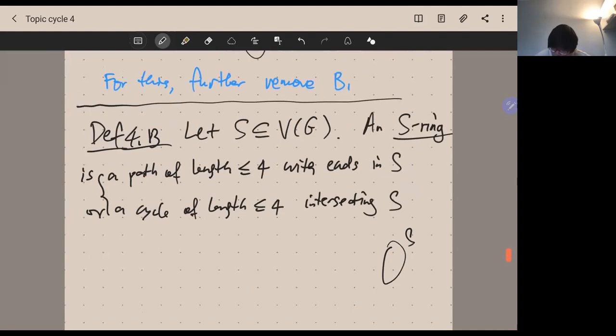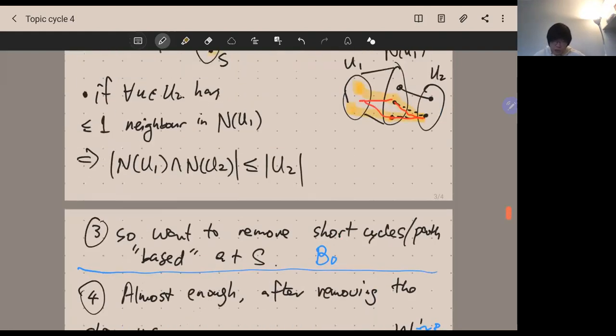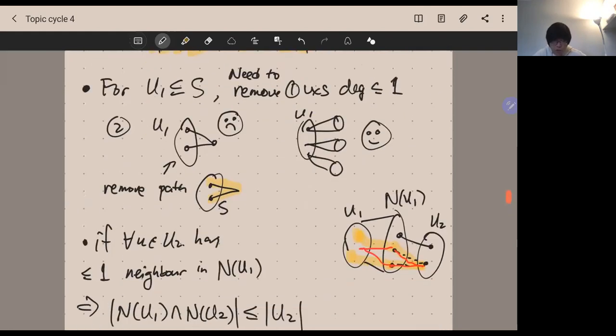This is S. Either it looks something like a path of length at most 4, so it could be like this, or a cycle of length at most 4 intersecting S, something like that. This definition I make shorter so that it includes all the kinds of configuration we want to remove. You see up here, we remove a path of length 2, and up here in this corner. Okay.